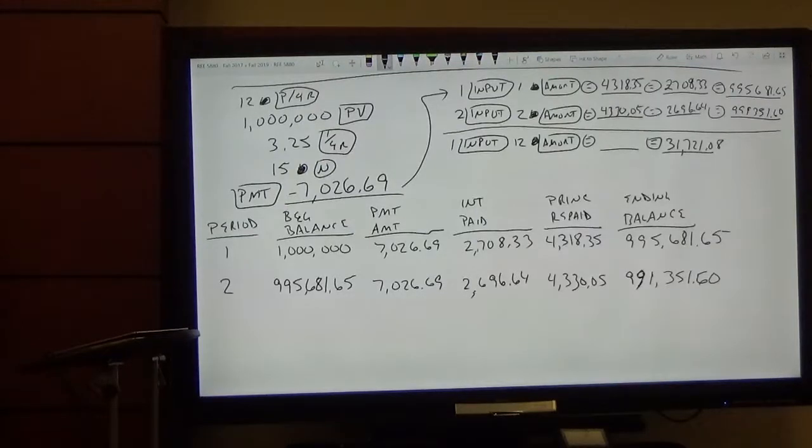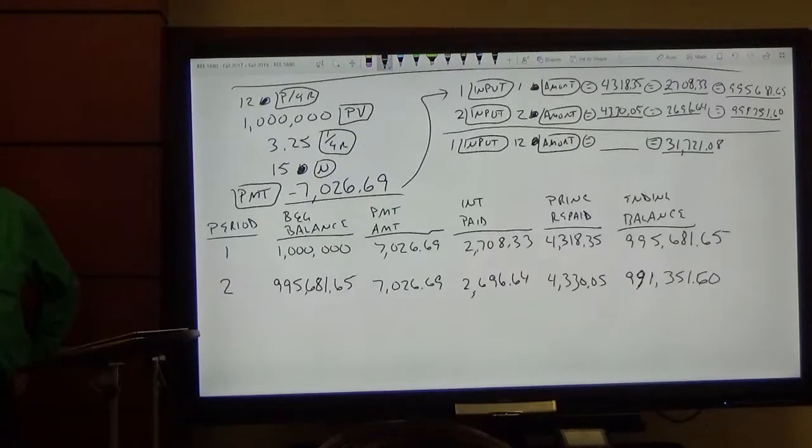Yeah. Okay, now, what if I make it a little bit more interesting? What if I say, I want you to tell me the total amount of principal repaid during, let's say, year 5. Total amount of principal repaid only during year 5.